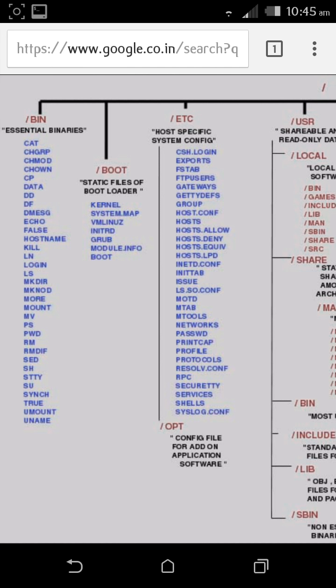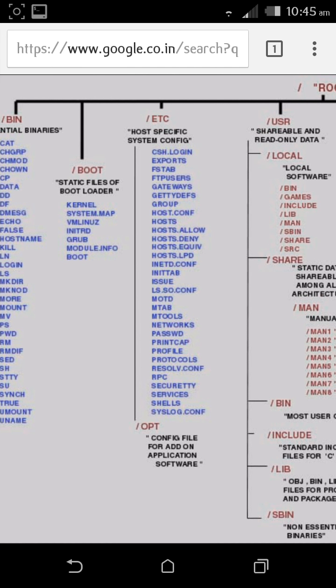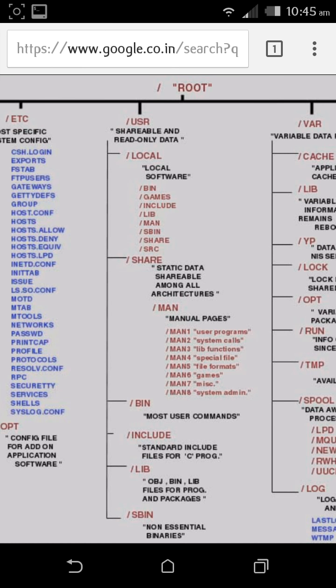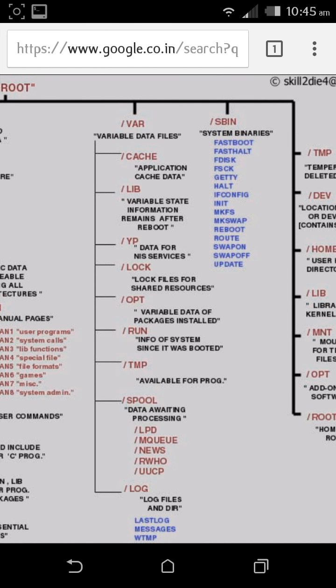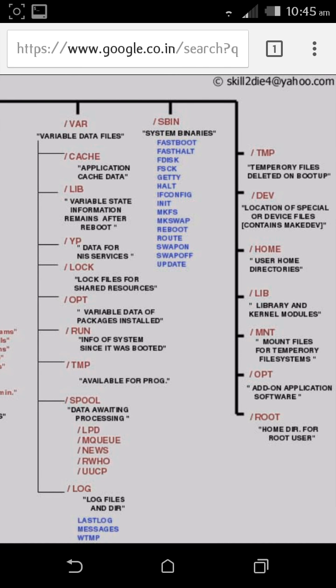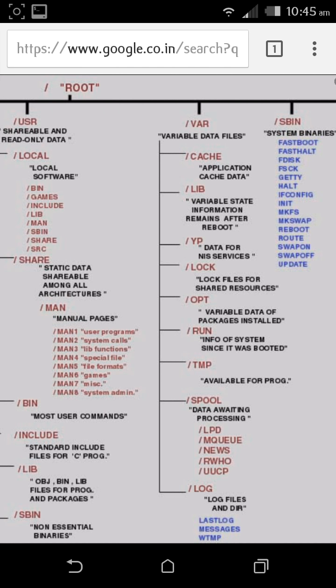Similarly, the boot directory branches to kernel, system map, etc. The var directory branches out to the cache directory, which again branches out to application and cache data. I hope now you are familiar with the Android file structure, same as that of the Linux file structure. It starts from the root directory, then it branches out, branches again and again.